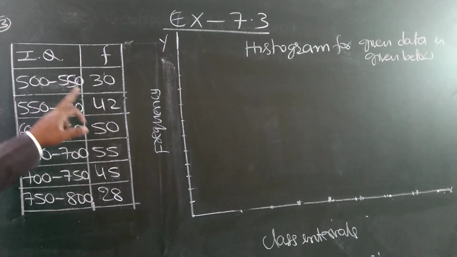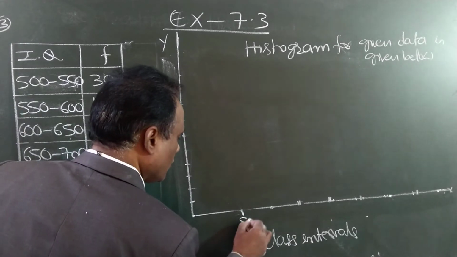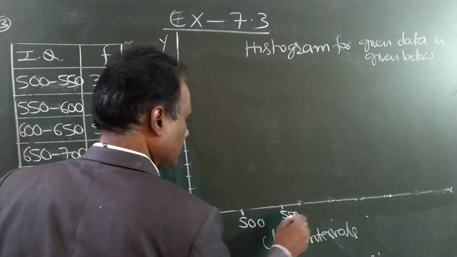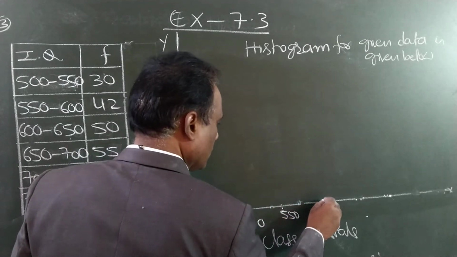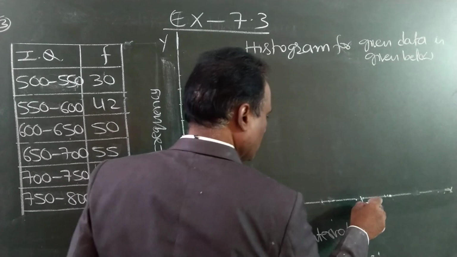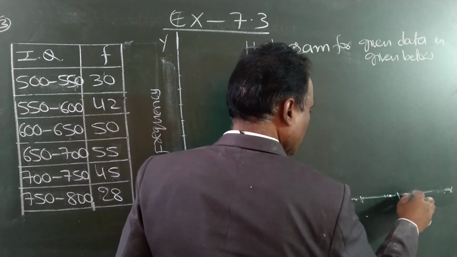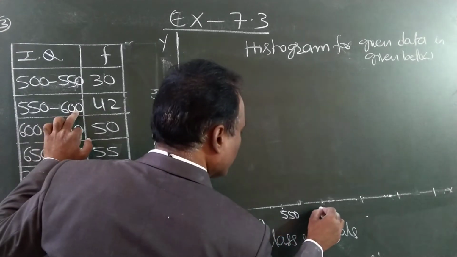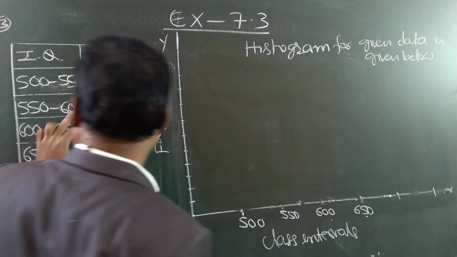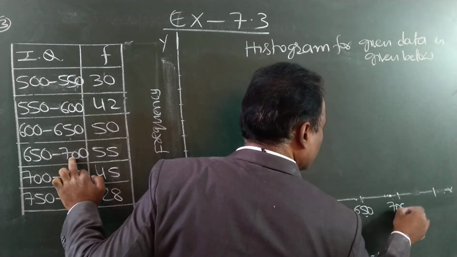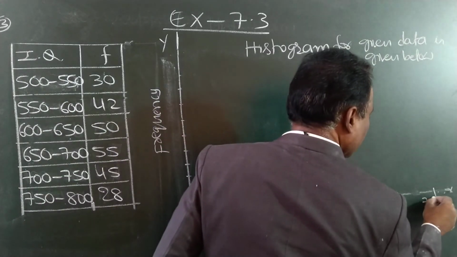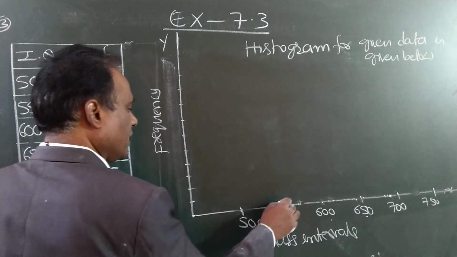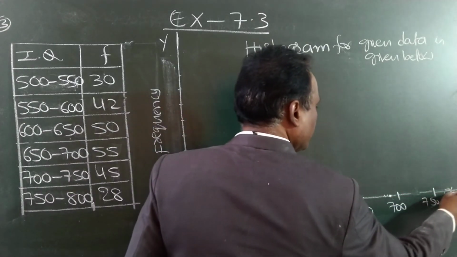Students, 500, 550, like that let us take: 500, 550, 600, 650, 700, 750, 800.